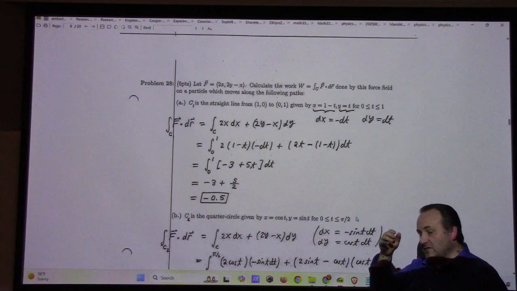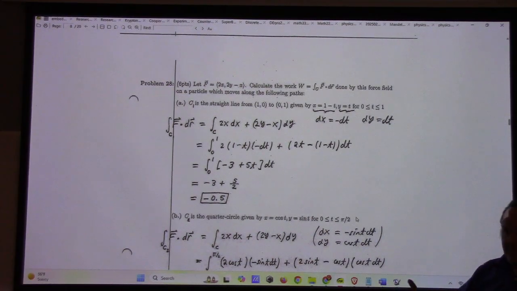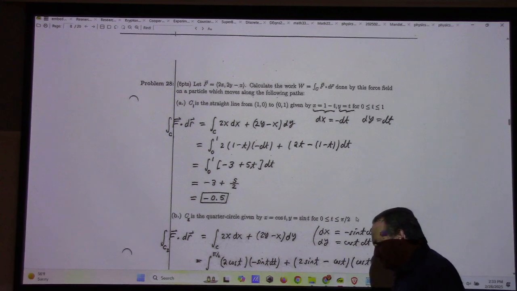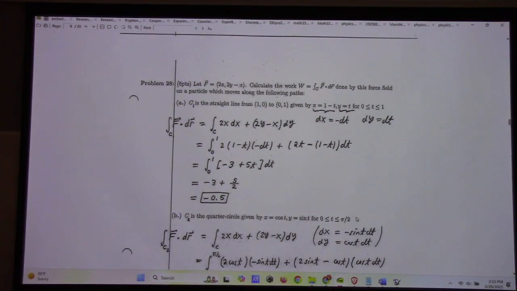By the way, I don't expect you to learn how to parameterize paths in here. If I ask a work integral that requires a parameterization, I will provide the parameterization in here. So I would ask the question in a similar way, unless, of course, it was a straight line. In that case, I do expect you to be able to parameterize a straight line. We have a trick for that. What was it?